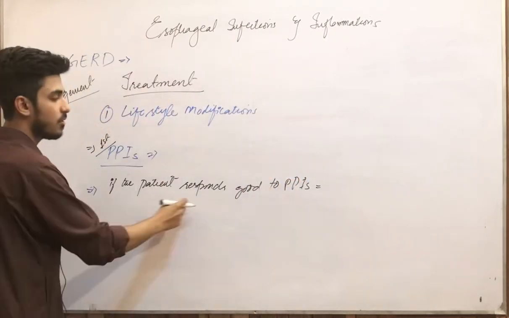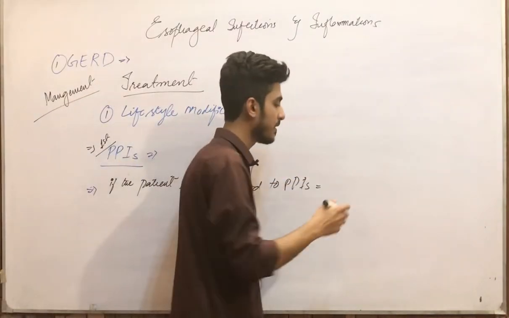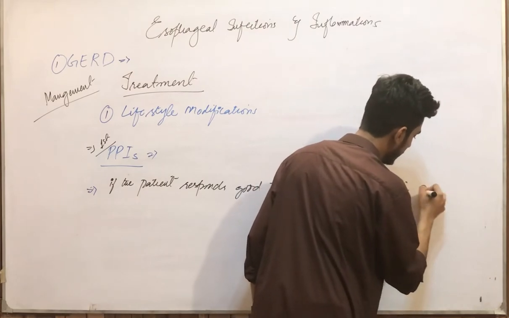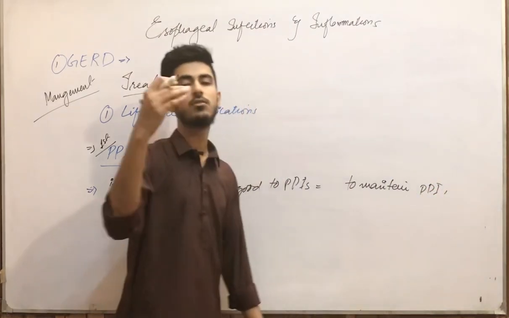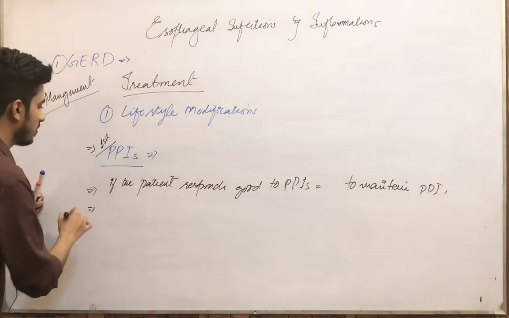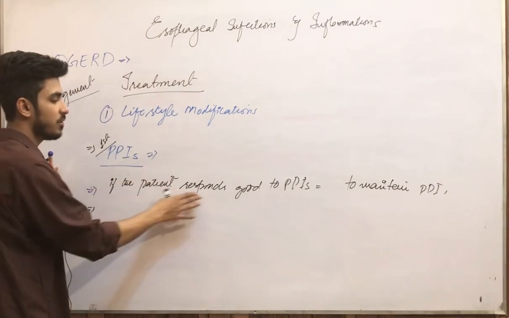If the patient responds well, then you have to maintain the PPI dose, meaning you continue the PPI with a maintenance dose. Clear? This is one option, if the patient is responding well.